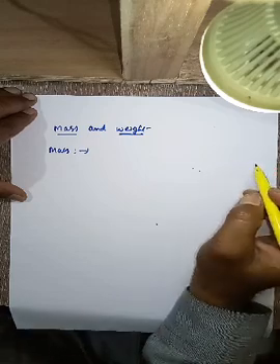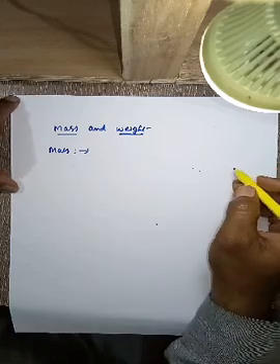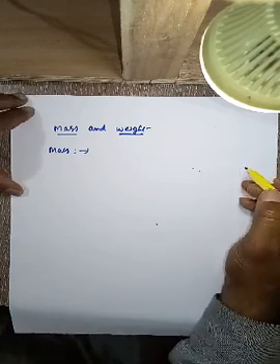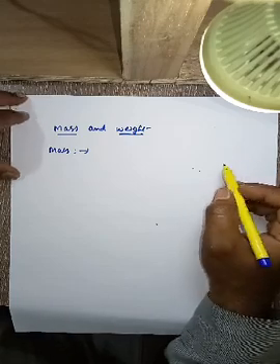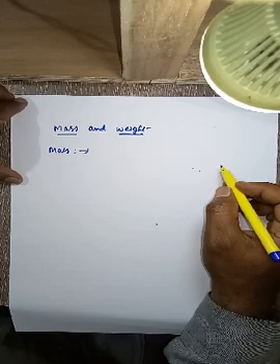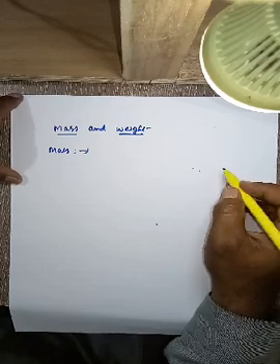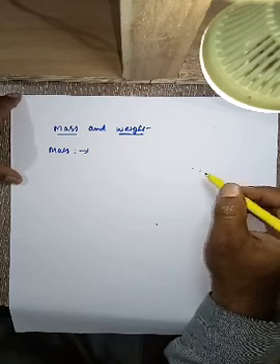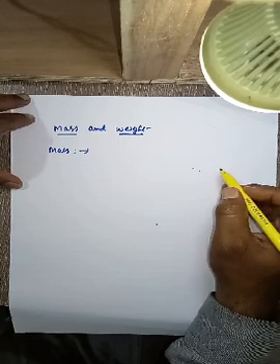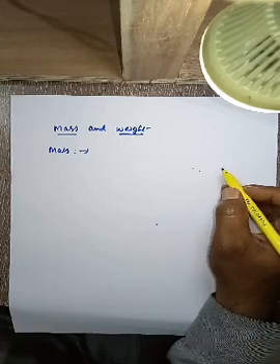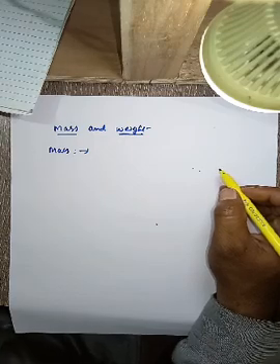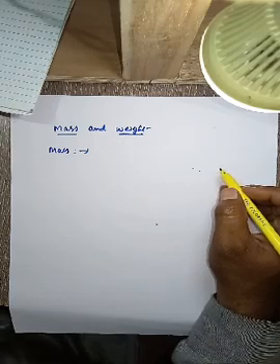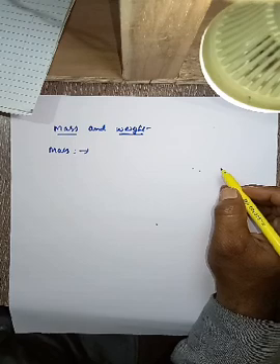But one more thing I would like to mention here is that Albert Einstein, the great scientist, gave a theory called the relativity theory. According to that theory, the mass of an object also changes.